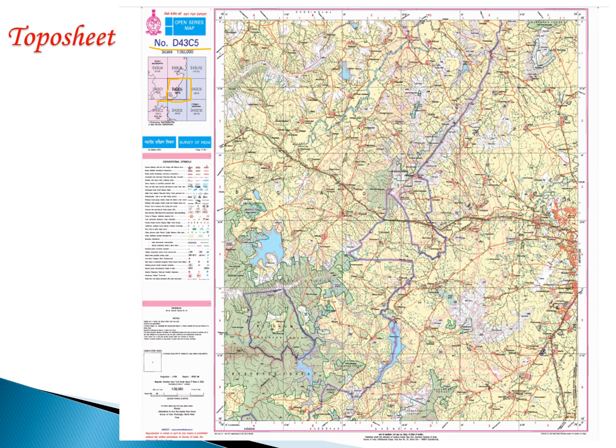Now let us see this topo sheet. Here you can see there are grids; those are nothing but the longitudes and latitudes shown on the map. Let me briefly go over the features you can see on the map. Here you can see a state border between Karnataka and Maharashtra.